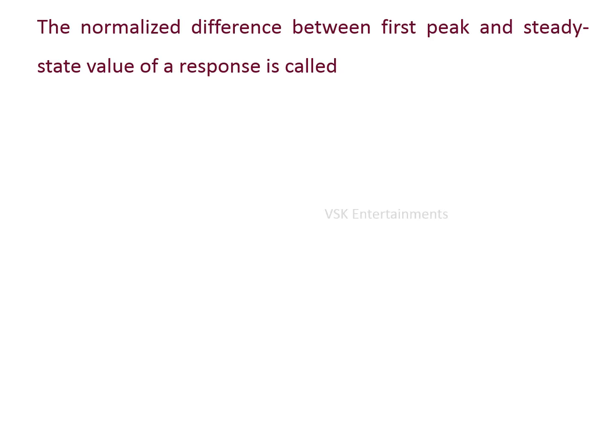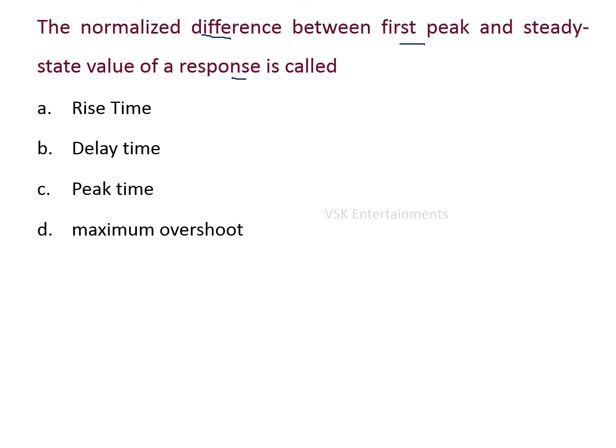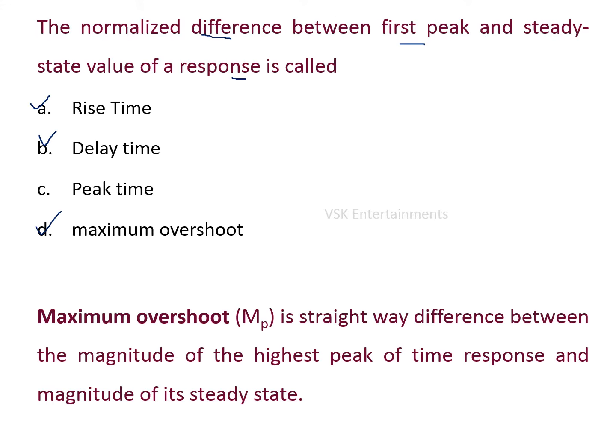Coming to next one, the normalized difference between first peak and steady state value of a response is called, options are rise time, delay time, peak time and maximum peak overshoot. Here the concept of maximum peak overshoot is given as the difference between magnitude of the highest peak of a time response and magnitude of its steady state value.